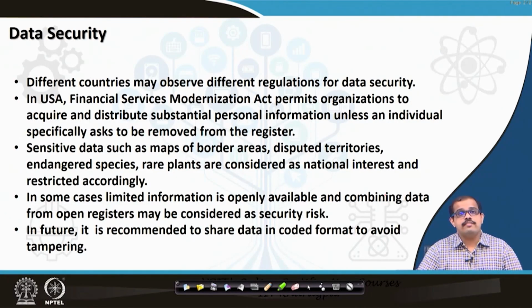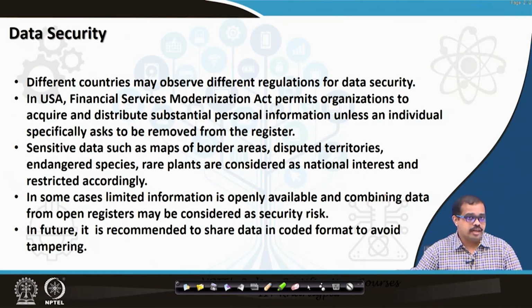Okay. Sensitive data such as maps of border areas, disputed territories, endangered species, and rare plants are considered to be of national interest and restricted accordingly. You can see such restrictions even in India. There is a national data registry which can be flexibly used as one of those security tools.